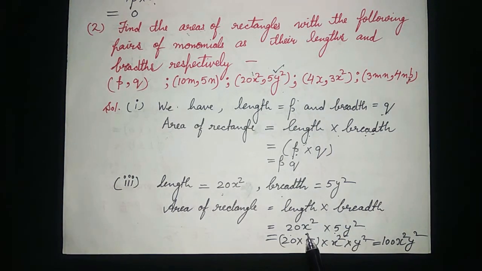So its variable part is x square and variable part of 5y square is y square. So our step will come 20 into 5 into x square into y square. Now we will multiply 20 into 5, that is 100, and this x square and y square we will write. So the area of the rectangle is 100x square y square.